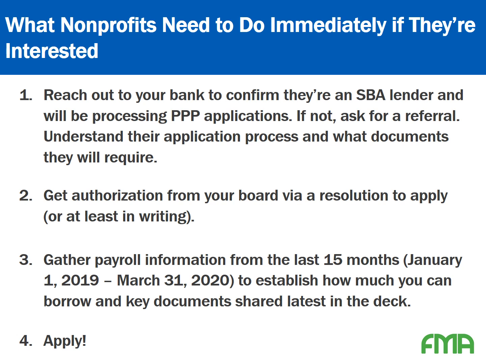Next, I need you to gather some payroll information from the last 15 months. Specifically, you should grab 2 payroll reports. The first will be for January 1, 2019 through December 31st, 2019. The second will be for April 1st, 2019 through March 31st, 2020.